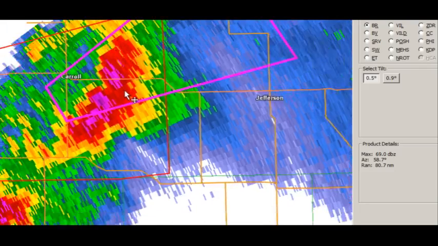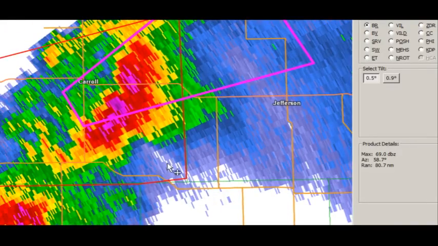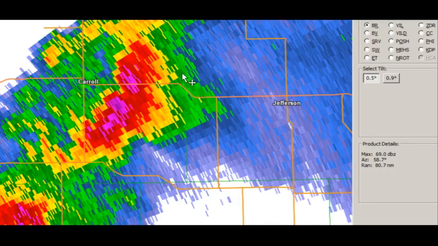There's the storm there. Any idea where the tornado is based on this reflectivity? Pick off the boxes here. Yeah, if it was the 1980s and you were dealing with the old WSR-57 radars, you would really have a hard time looking at this and trying to figure out whether a tornado is on the ground.